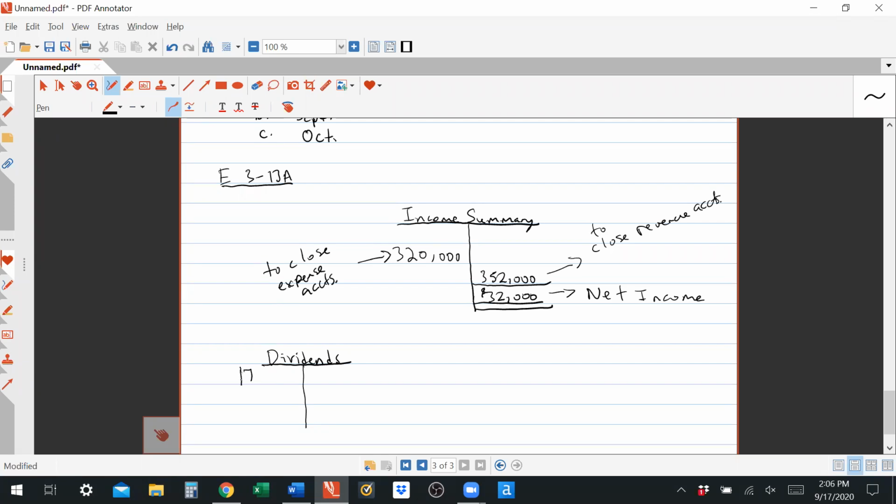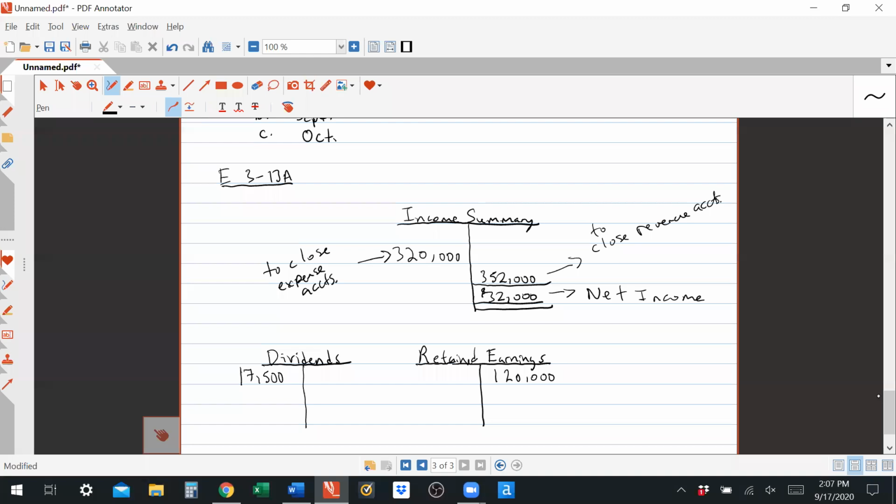Dividends are sitting there with a $17,500 balance. And then retained earnings is sitting there. Remember, dividends have a normal debit balance. That's why I put the 17.5 on the left. Retained earnings have a normal credit balance, right? They're an owner's equity, they have a normal credit balance. And their ending balance is 120,000. We'll put that over here on the right, credit side.